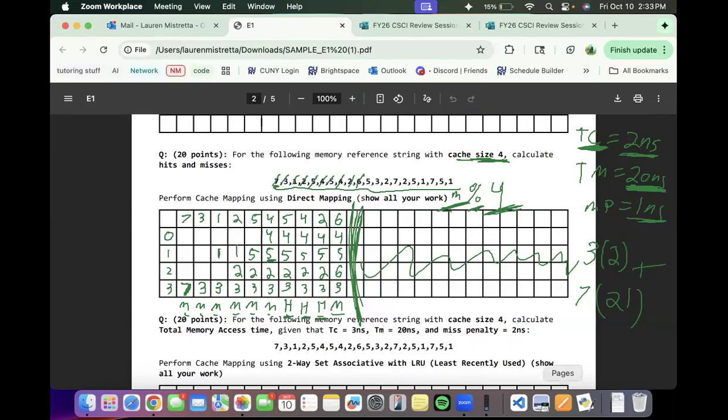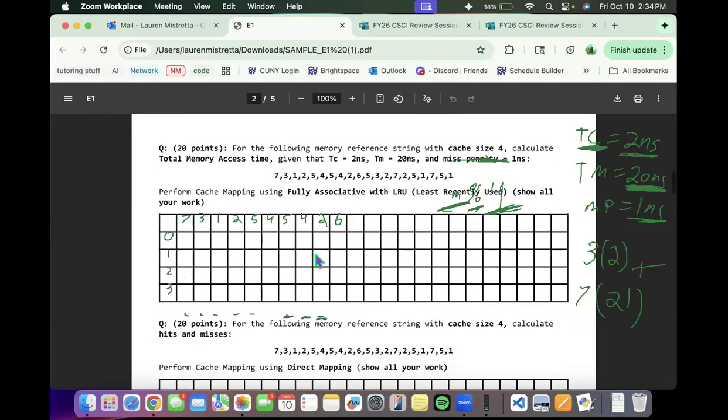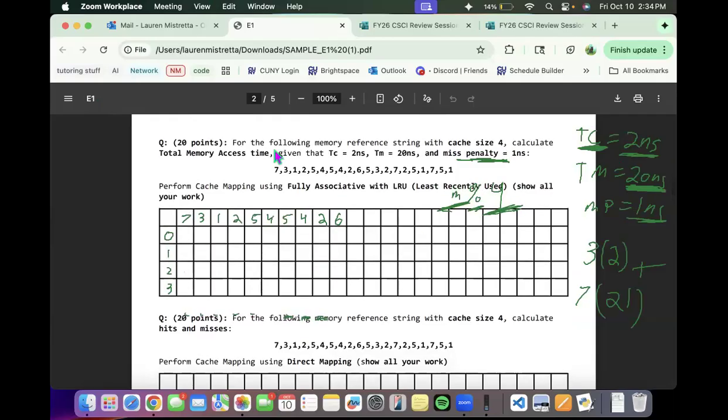Okay, with that being said, let's move on to the next one. So I'm just going to clear this part out. That way we have a nice clean slate for the next one, right? So for the next one, we're going to do fully associative with LRU. So that just means least recently used.